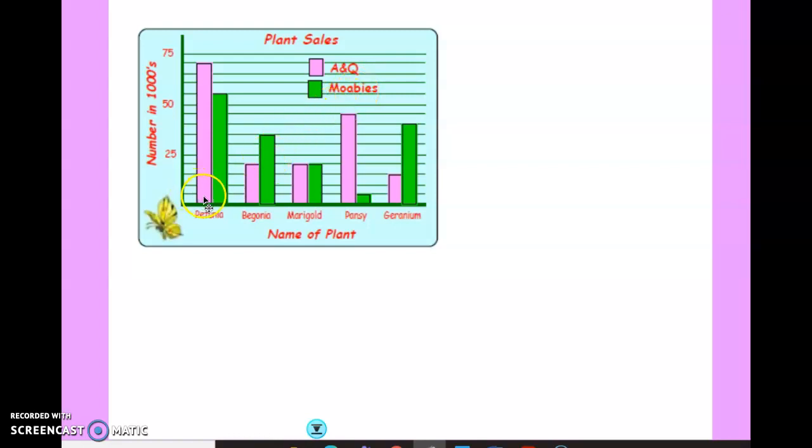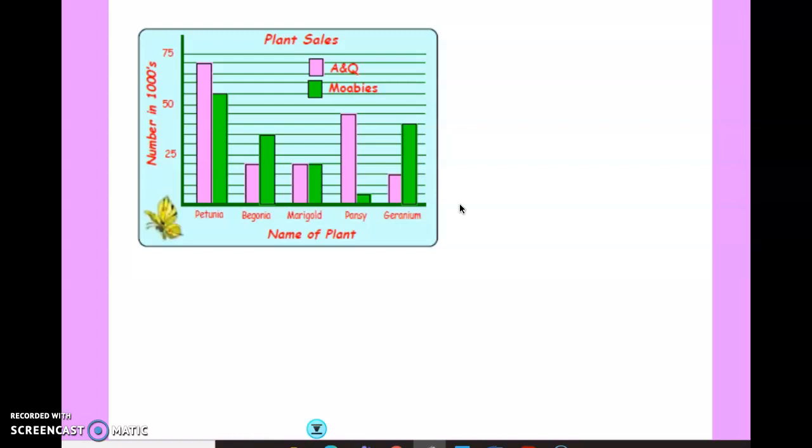But this time, instead of just having one part for each section, we've got two. So this one's talking about the number of plant sales between A and Q and Mobies. You can guess what shops we're not allowed to use here. So we can now ask a comparison between shops as well as a comparison between the different plants.